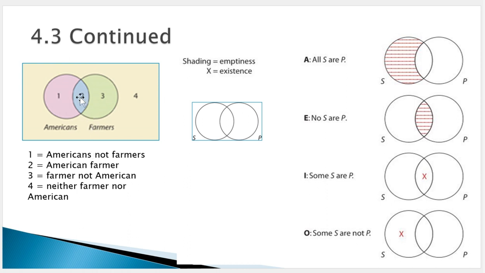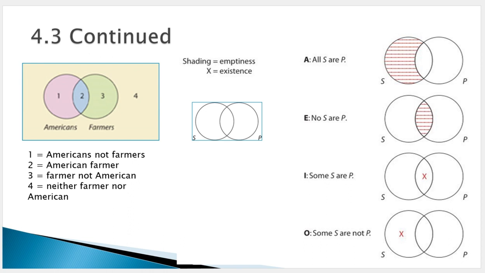Section 2 is the overlap, where you have Americans and they're farmers, right? They're American farmers. Section 3 is farmers, but they're not American. And 4 is people who aren't American and aren't farmers. We have four very distinct sections of this Venn diagram that we have to take into consideration, and they all mean something.